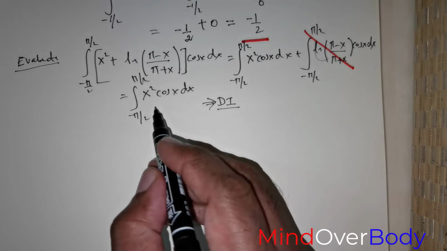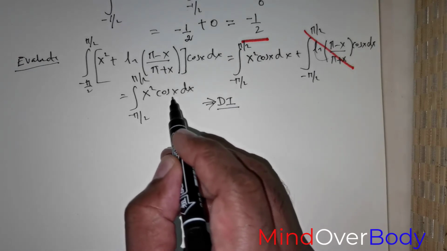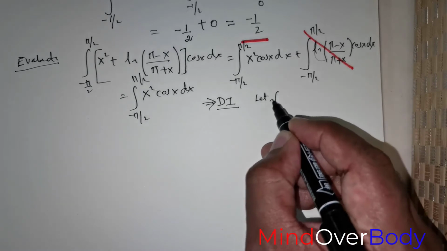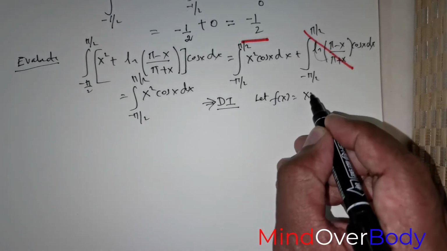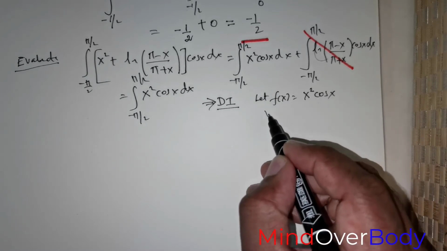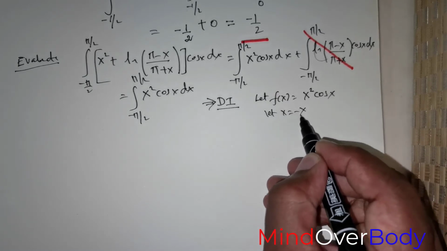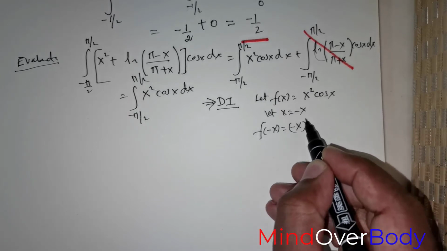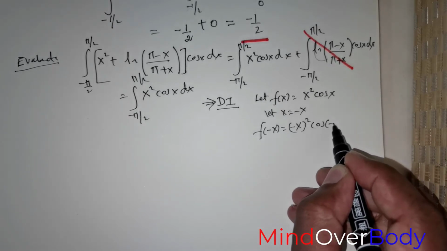Before we proceed, we want to know if x squared times cos x is an even function or an odd function. So let me take the function f of x equal to x squared times cos x, and let me replace x with negative x. So f of negative x is equal to negative x raised to the power of 2 times cos of negative x.